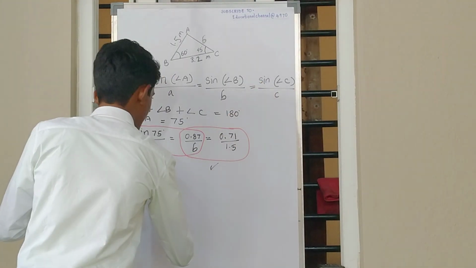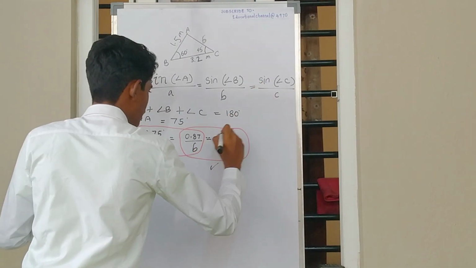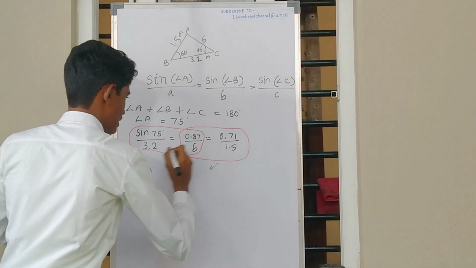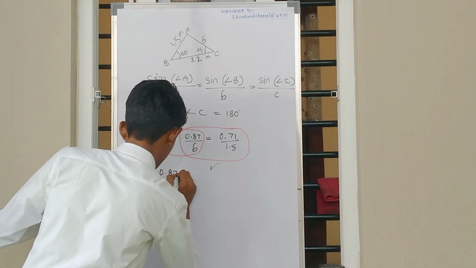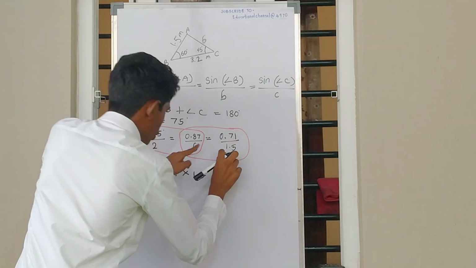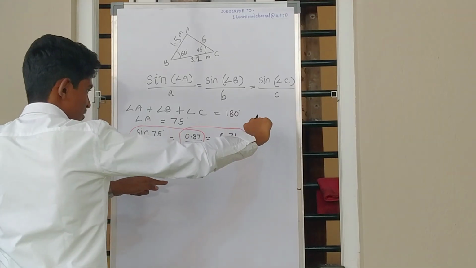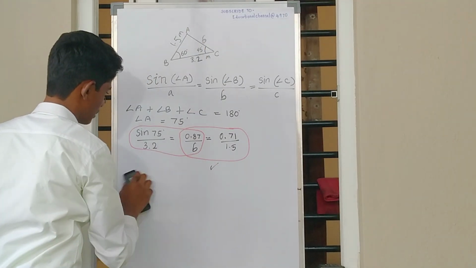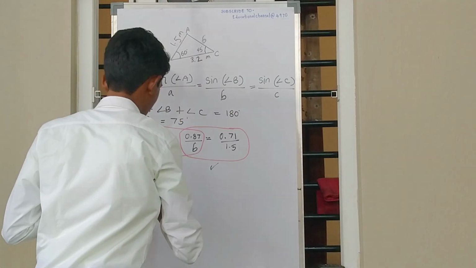Let's find out. Let's bring b here. b is equal to 0.87 times 1.5, from the denominator I am bringing here. Or else let's do it step by step, because people will get confused.